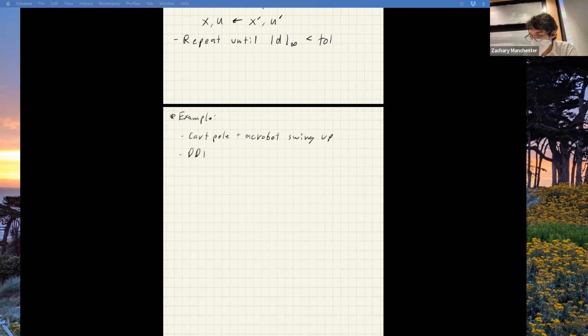Basically, the takeaway: DDP can converge in fewer iterations, but the iterations are more expensive.